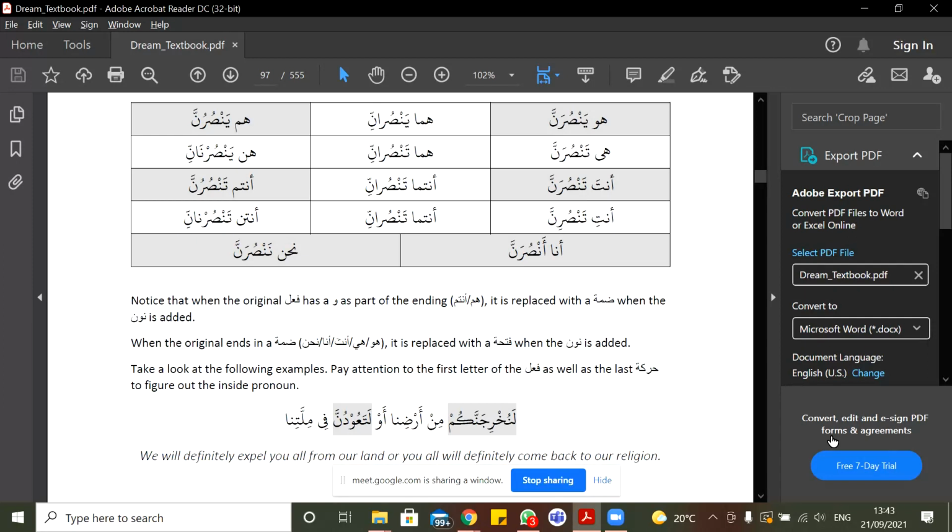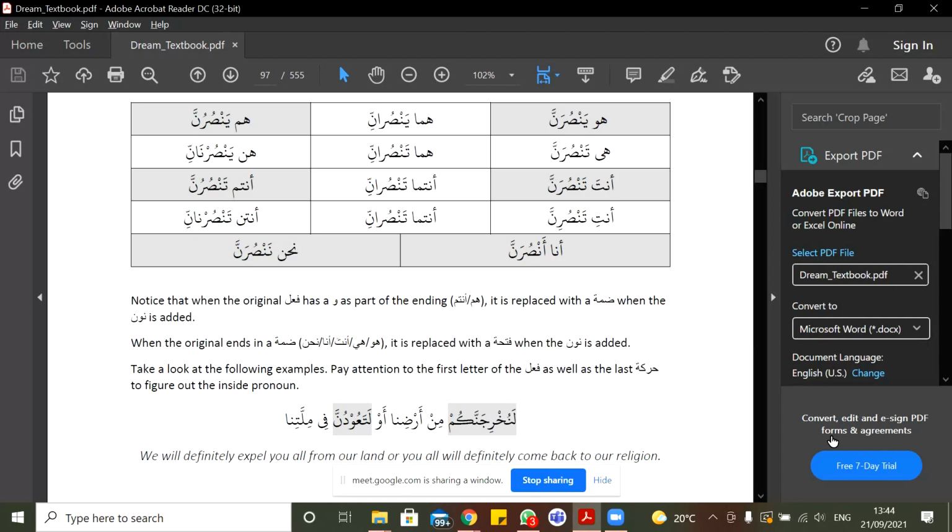If ardina means our land and au means or, is it connecting in terms of... No, it is connecting two sentences. It's a different sentence. The jumla fi'liyya for nukhriju is ending and another thing is starting, right? Another jumla is starting. So we have the end of the jumla fi'liyya here: وَلَنُخْرِجَنَّكُمْ مِنْ أَرْضِنَا. Then we have au, meaning or, and then the other thing is beginning.